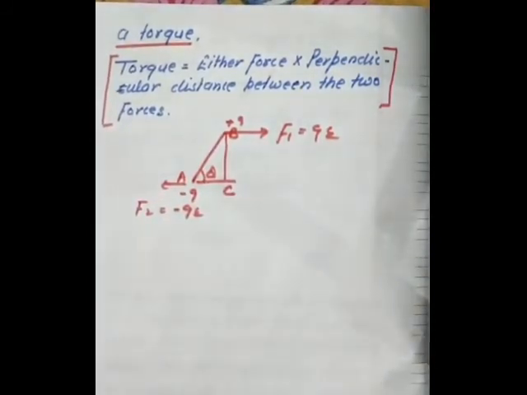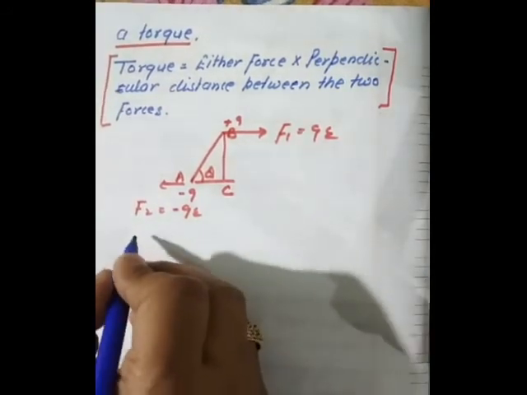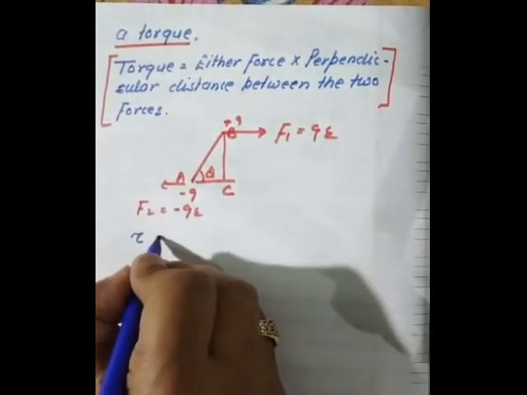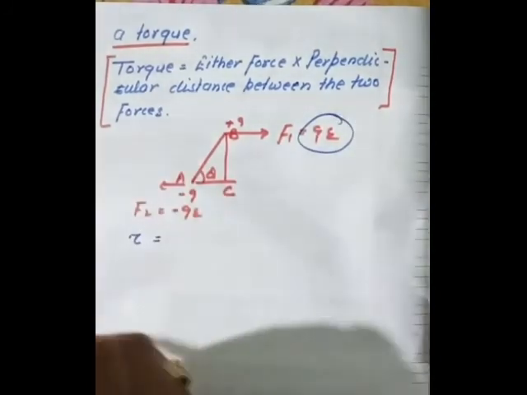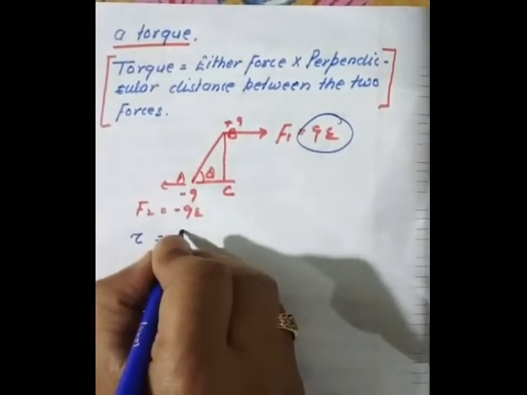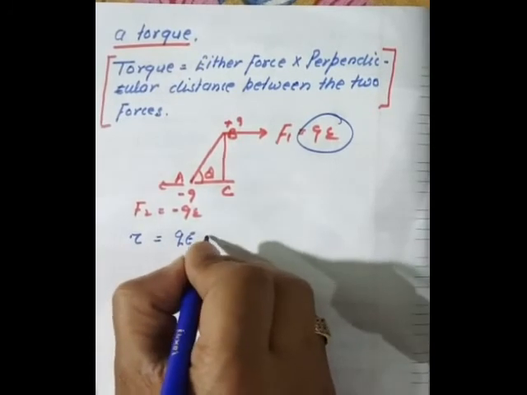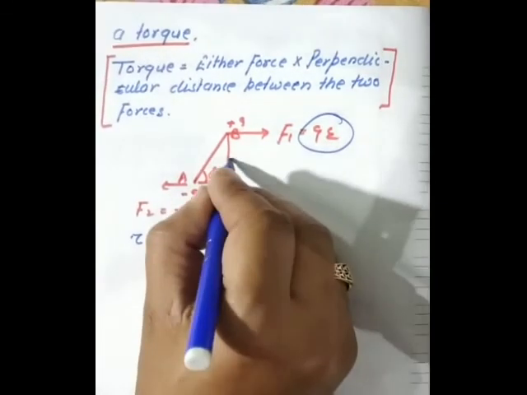So torque is represented by tau. Tau equals either force, that force should be QE, multiplied by the perpendicular distance, this distance BC.